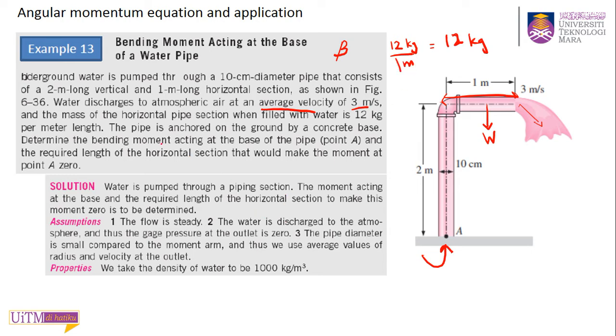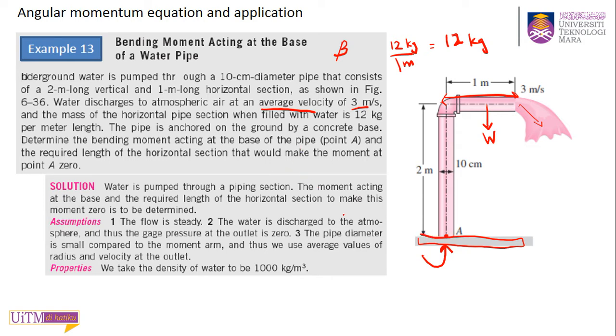Right. The pipe is anchored on the ground at point A by a concrete base. So this concrete base anchors this pipe.